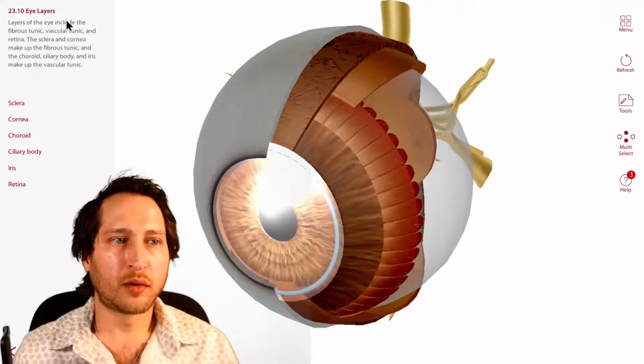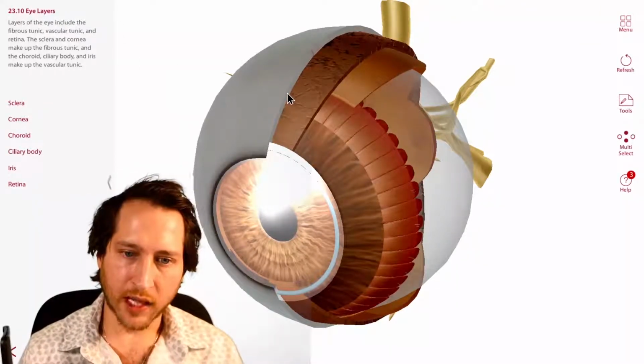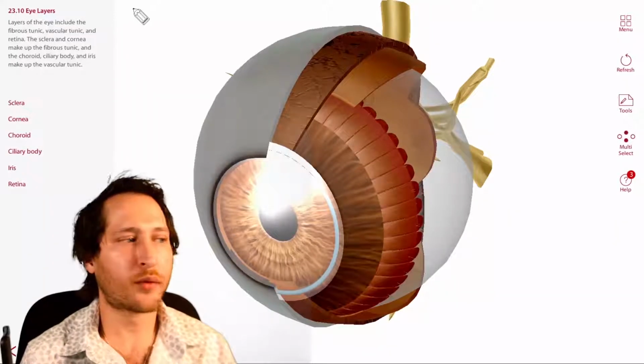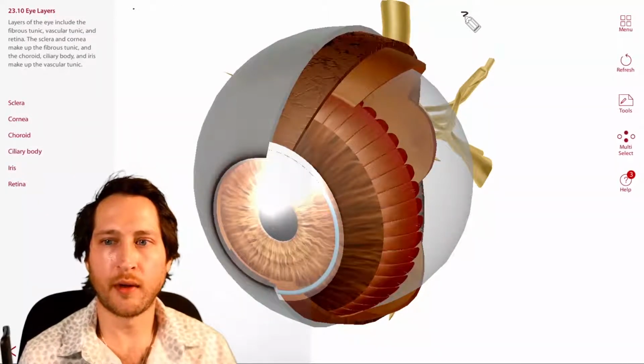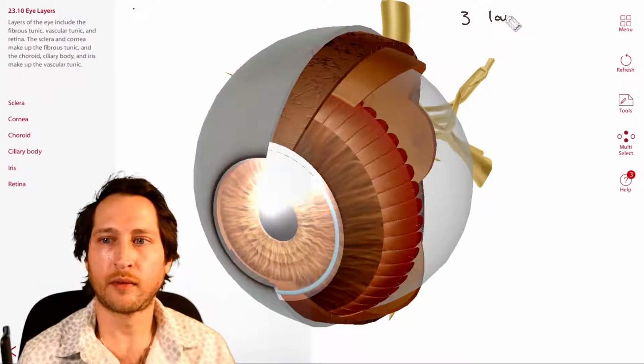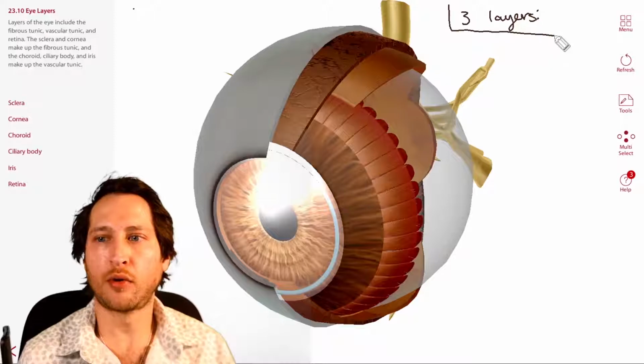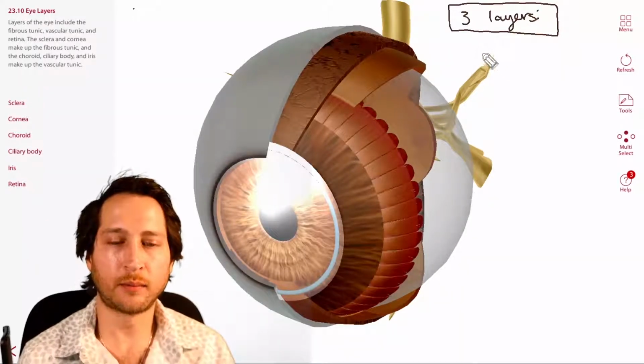Now let's go into a little bit more detail about these layers. The eye you could break up into three, actually I'll write it over here, 3 layers. And we're going to describe these from the outermost layers going in deep, or the superficial layers to deep.